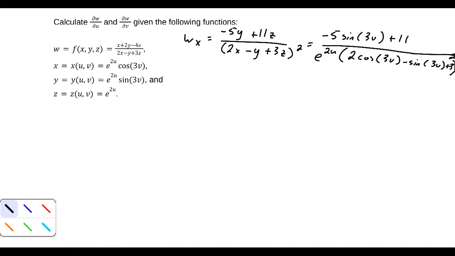Now, I'll also note that as I was simplifying this, I did factor out an e^(2u) and reduce that. Okay, so just be aware of that.